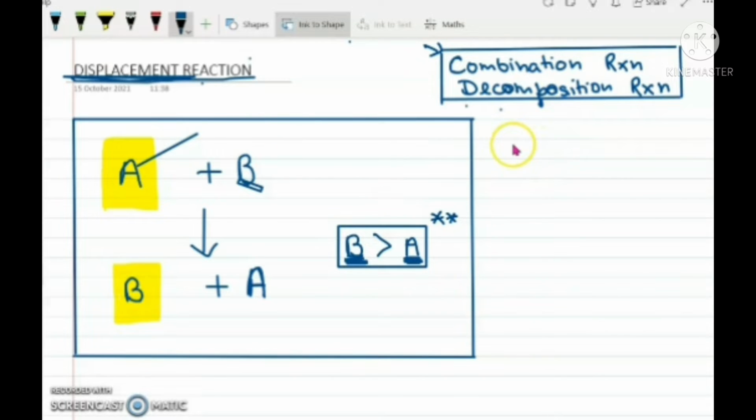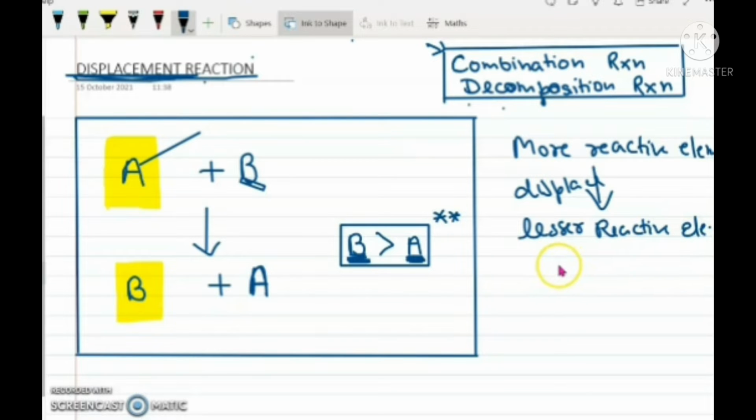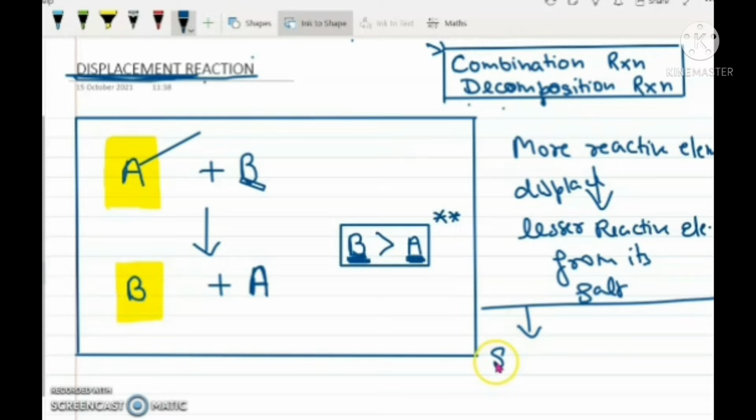I repeat it: a more reactive element is going to displace a lesser reactive element from its salt, thereby resulting in the formation of a salt of the more reactive element, and the weaker element is left all alone. So this is the basic principle of the displacement reaction.